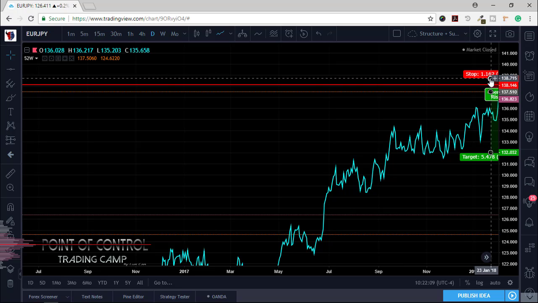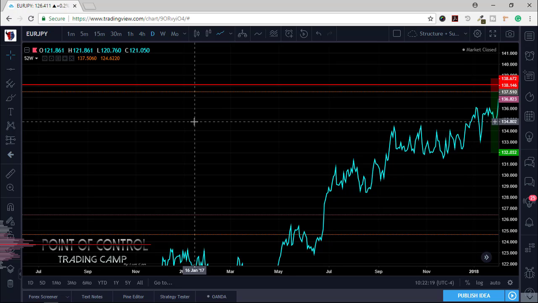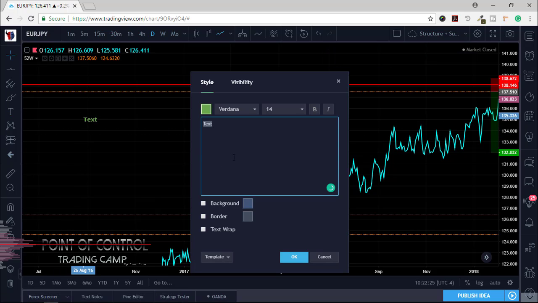So I will set my stop loss a bit higher. I am not calculating any pip amount or how much my entry is going to be. I can tell you one thing: I only trade risking 2%.